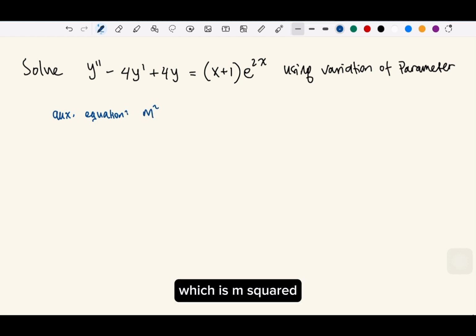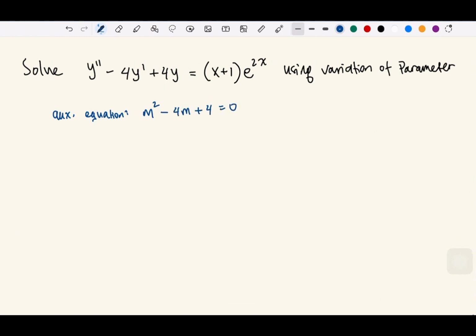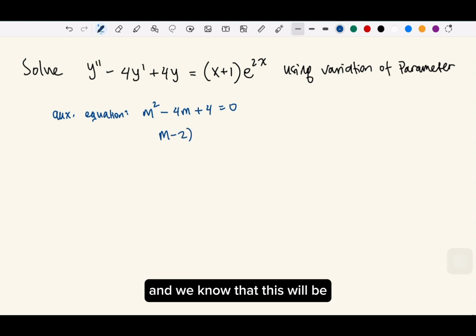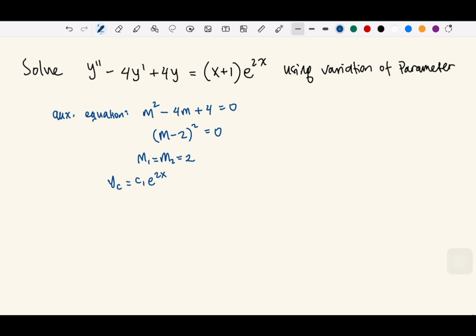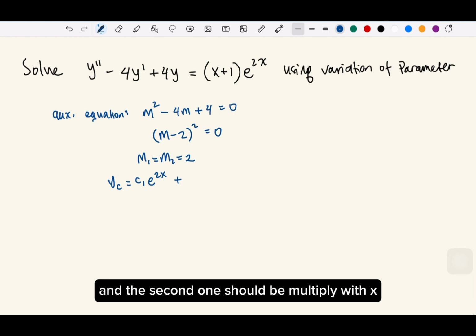which is m squared plus 4. And we know that this will be repeated roots. So m1 equal m2 equal 2. So our yc, our complementary solution will be c1 e to 2x. And the second one should be multiplied with x.